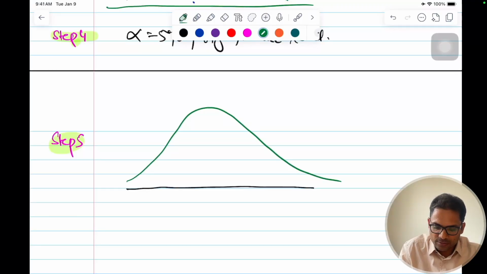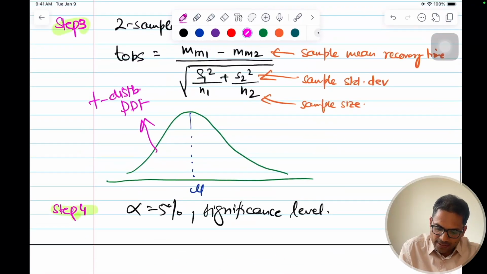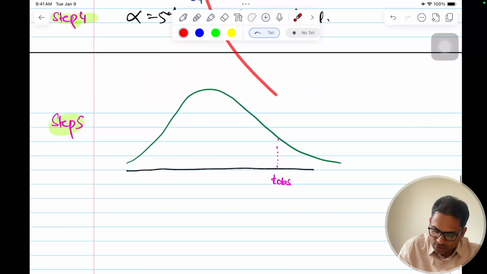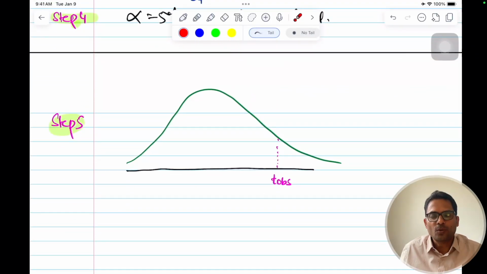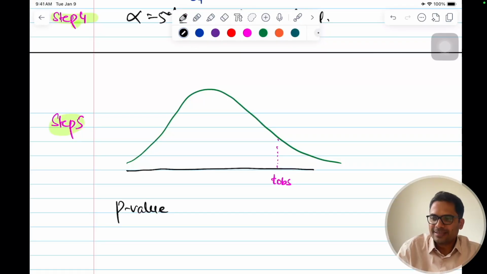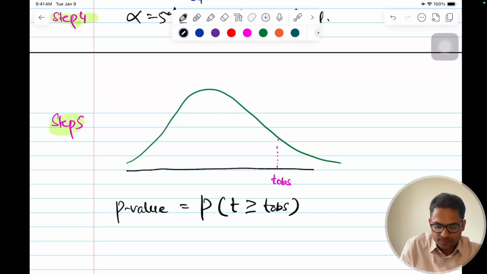This is the t distribution, and say for example, you get the t observed somewhere here, the value that I calculated. This is your t observed. Okay, so what will be my p value? My p value is equal to the probability of seeing any value t which is greater than or equal to t observed.